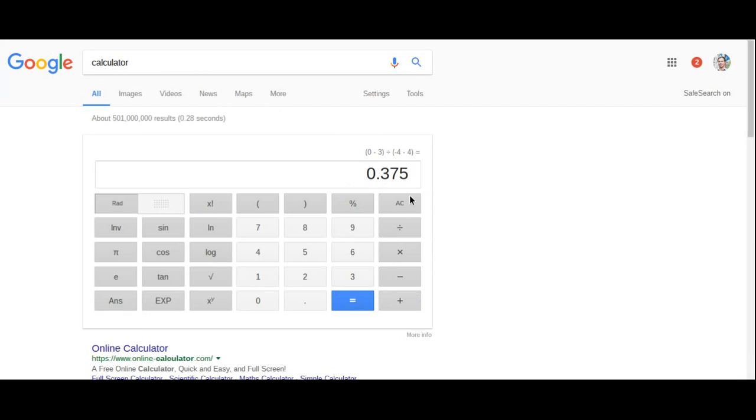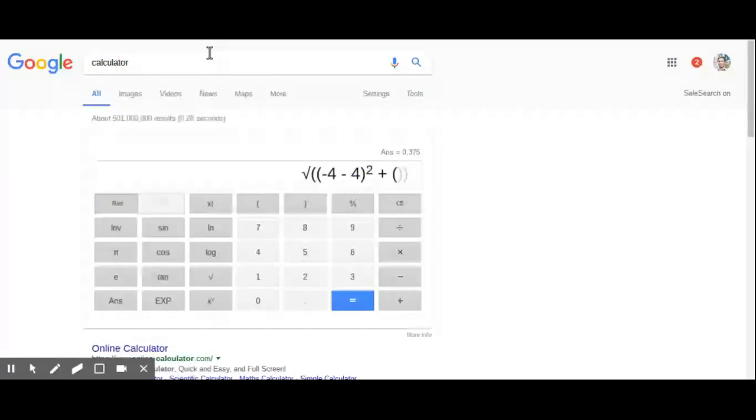So the answer to that calculation is the square root of negative 4 take away 4 squared plus 0 take away 3 squared, and the answer is 8.54 rounding to 2 dp.